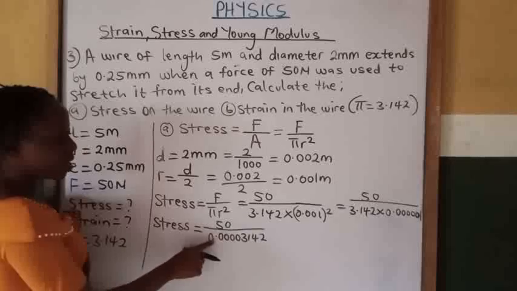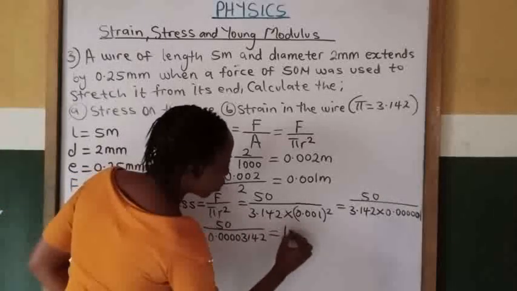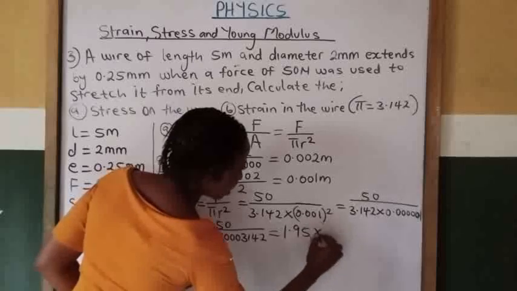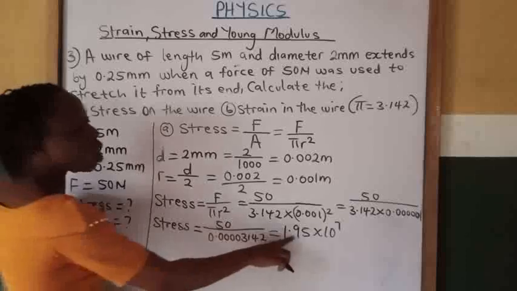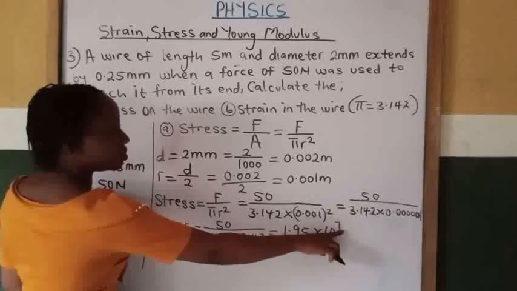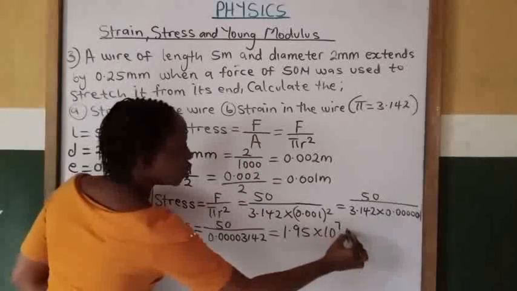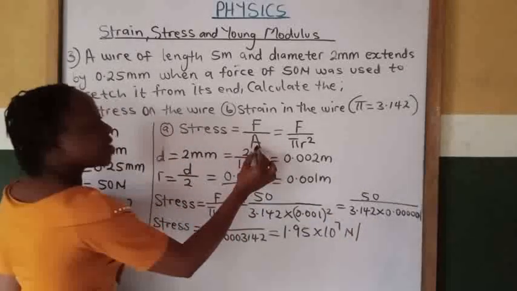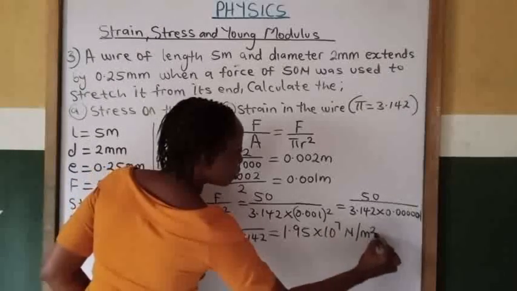So 50 divided by 0.000003142 will give us 1.59 times 10 raised to power 7. So stress equal to 1.59 times 10 raised to power 7. So what is the unit? Force is in Newton, so Newton per, then area is in what? Meter square. So Newton per meter square.